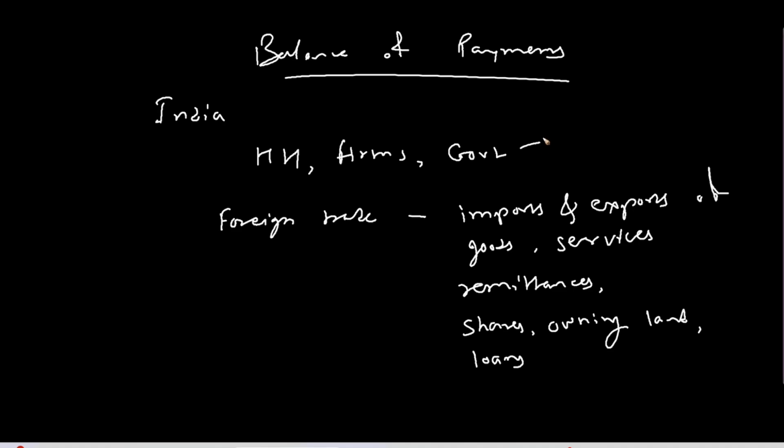This balance of payment is divided into two major components. First is current account and second is capital account.